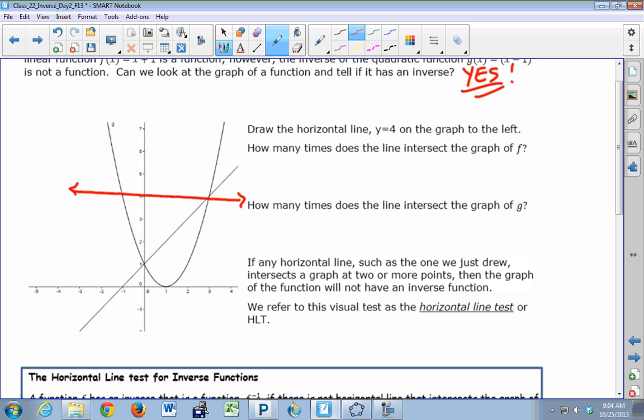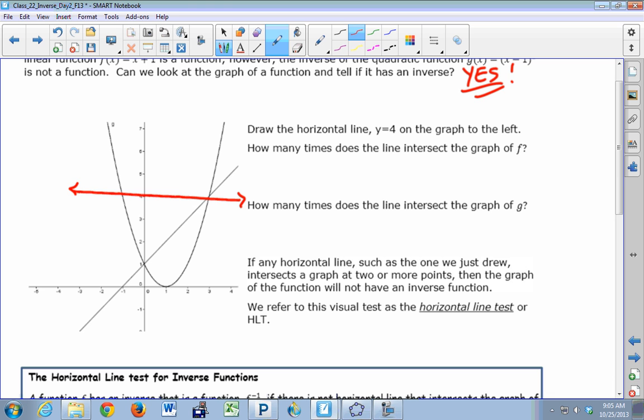So if you can just sort of remove the x squared graph from your mind and just look at the straight line. I'm really bad at drawing straight lines. Look at that. It's definitely got a tilt to it, right? How many times does this red horizontal line intersect the graph of f, which is your straight line?